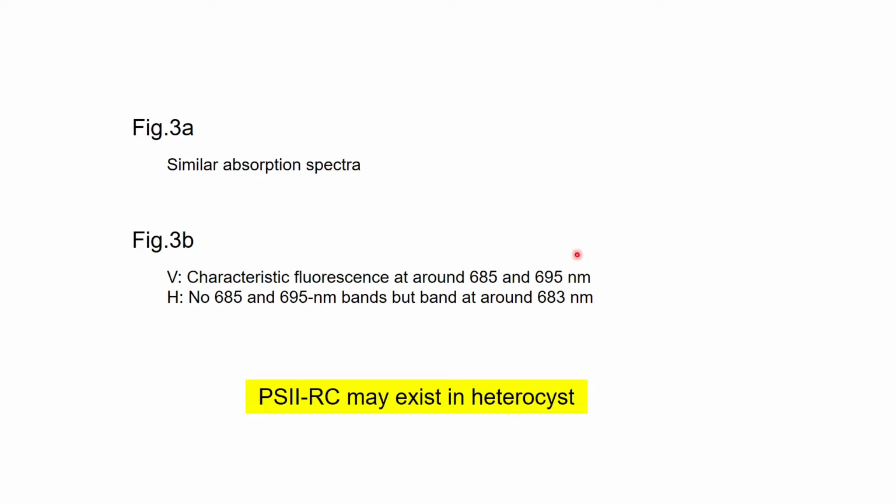These two bands originate from CP43 and CP47 in the PS2 complex. However, the heterocyst thylakoid showed neither of these two bands, but a band appeared at around 683 nanometers. This 683 nanometer fluorescence band may be due to the chlorophyll component from a PS2 RC complex. So PS2 RC may exist in heterocyst.